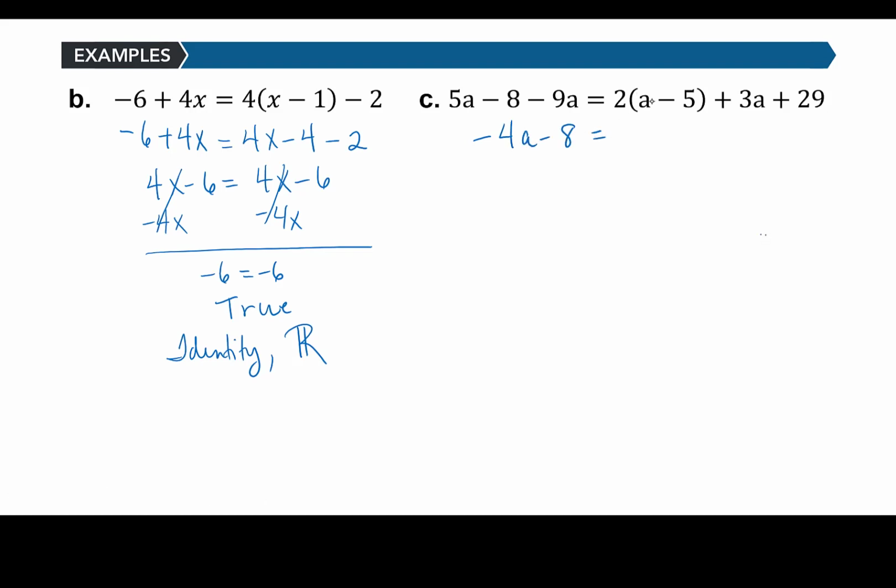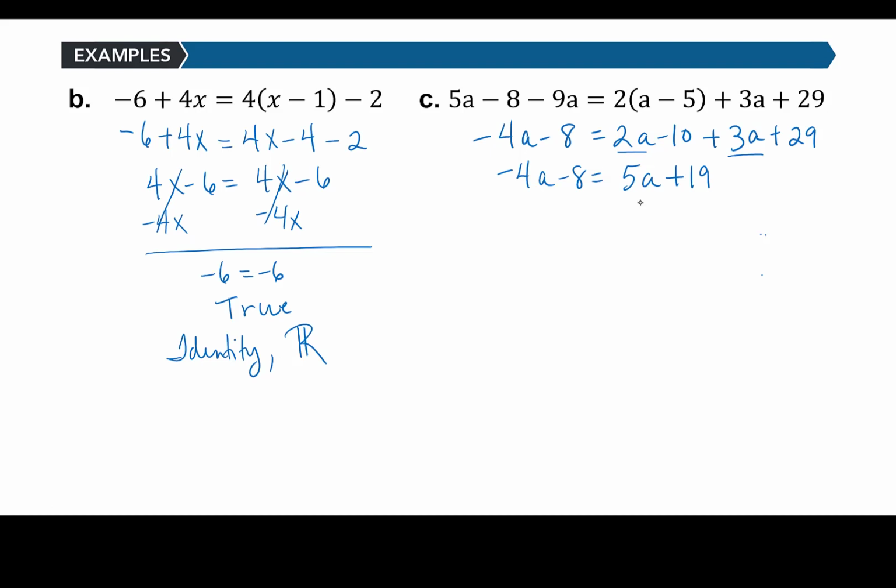On the right, we distribute to get 2a minus 10 plus 3a plus 29. So we still have some work to do on the right to simplify that. We get negative 4a minus 8 equals 2a plus 3a, which is 5a, and negative 10 plus 29 is plus 19.